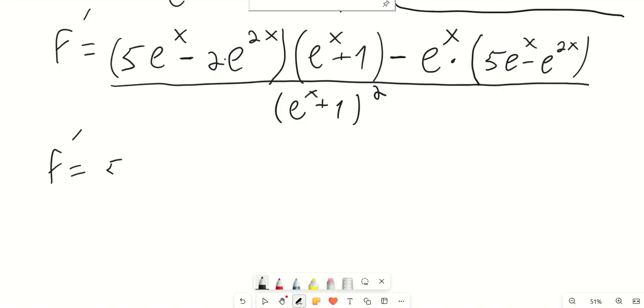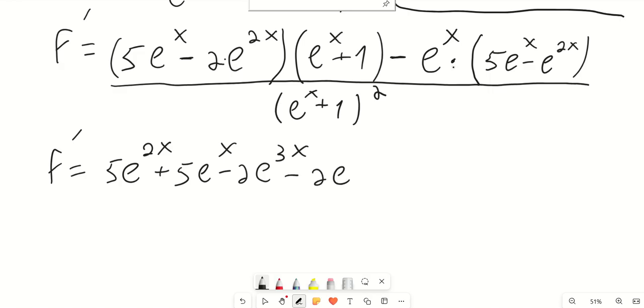So I will get 5 e to the power of 2x plus 5 e to the power of x minus 2 e to the power of 3x minus 2 e to the power of 2x. Second term, minus 5 e to the power of 2x and plus e to the power of 3x.